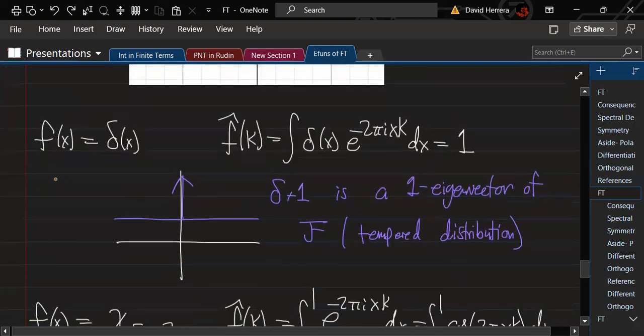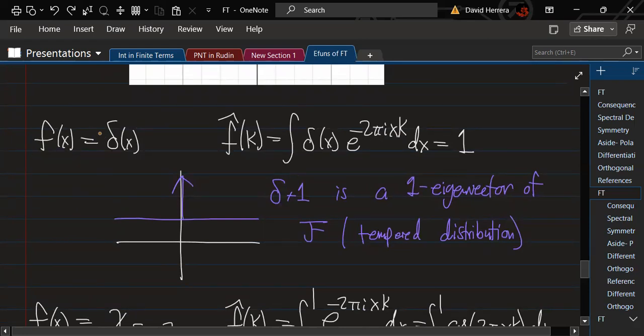As another example, suppose you have f of x is the Dirac delta function. Well, what is the Dirac delta function? It's not really a function. I see here I've written it as a tempered distribution. It's a distribution. We're not really going to be talking about that in the series.